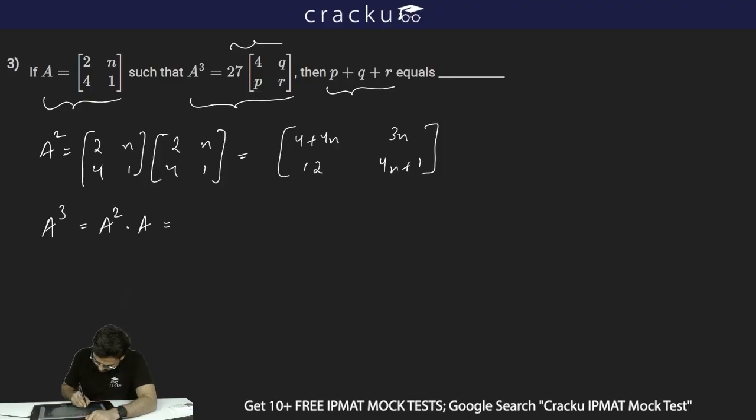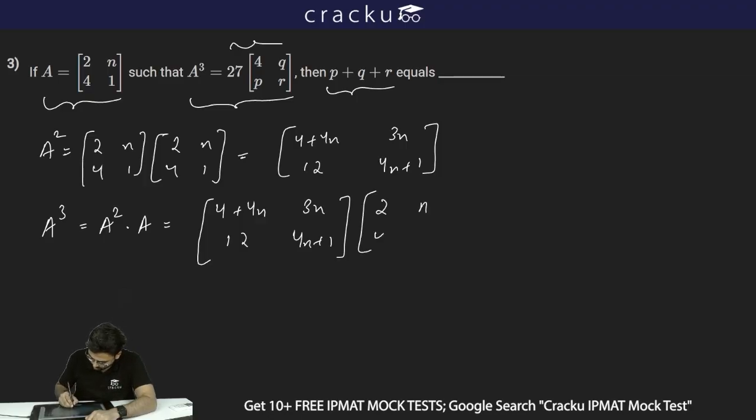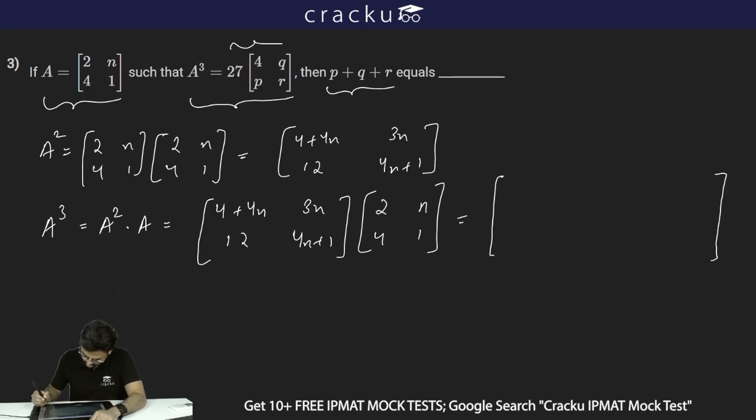So what is A square? A square is [4 plus 4n, 3n; 12, 4n plus 1] multiplied by the A matrix, which is [2, n; 4, 1]. So my A cube matrix will be: 4 plus 4n into 2, which is 8 plus 8n plus 12n. So this will be 8 plus 20n.